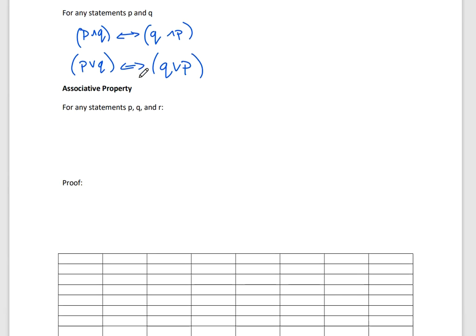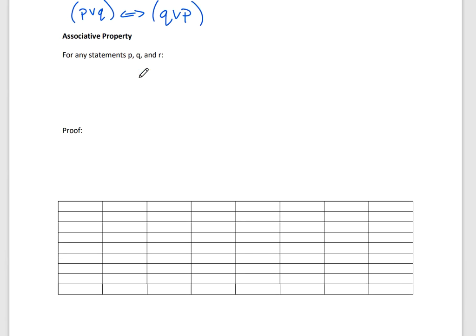Okay, so associative. If you remember the associative property from set theory, that said that if we had three components, so three simple statements or three sets, and you're doing the same operation between all three, it doesn't matter which chunk you do first.